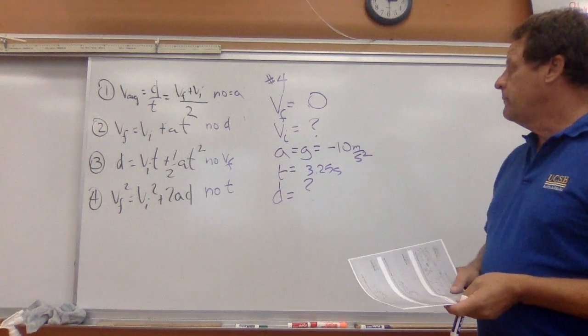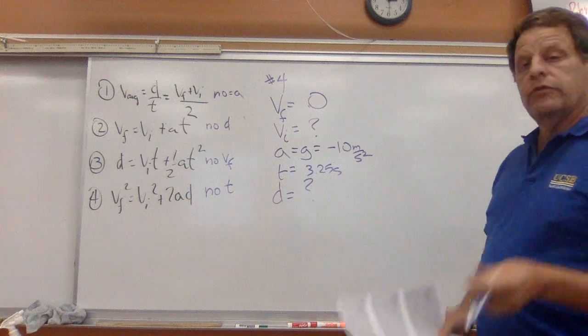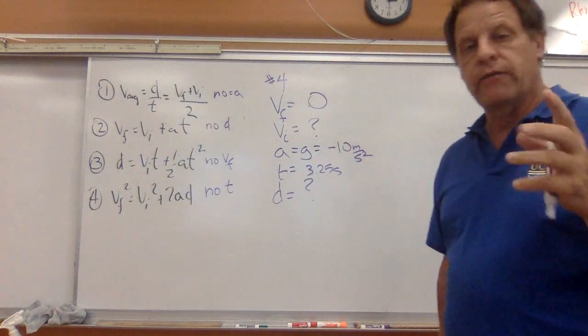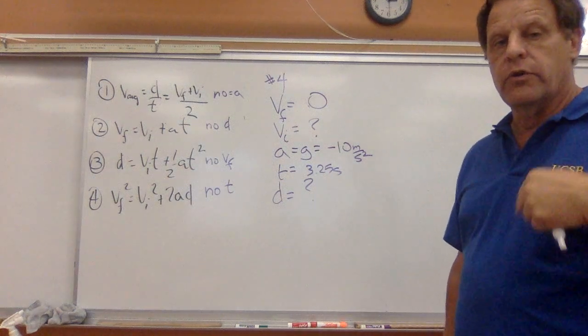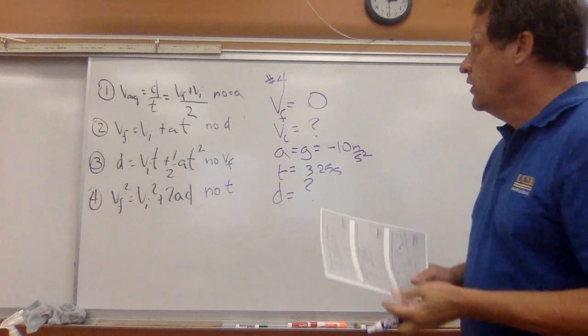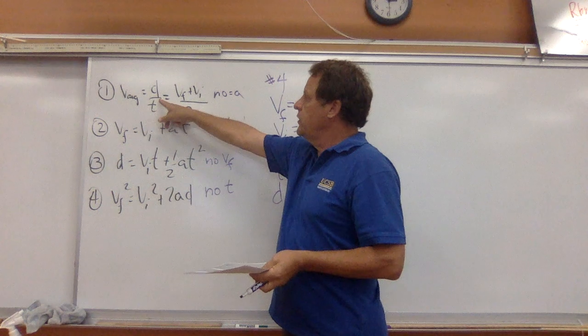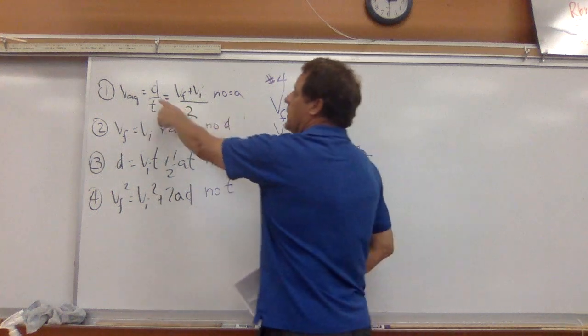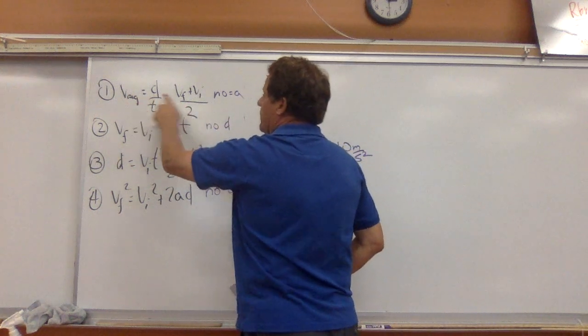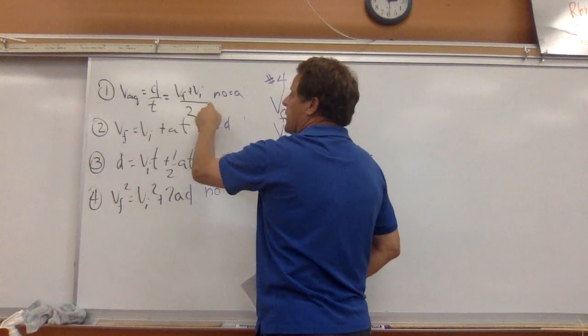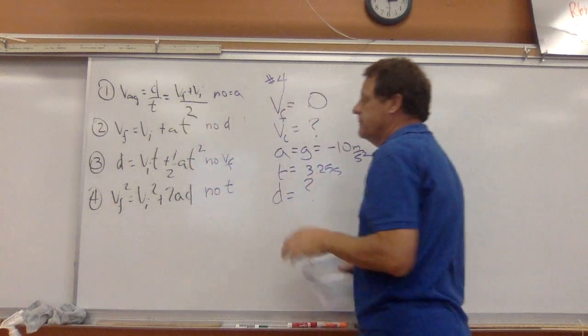Sometimes in these problems we're going to have to solve for another quantity first. For example, even though we're looking at distance, there's a distance in number 1, but we don't know the average velocity or the final velocity, so we can't use that.